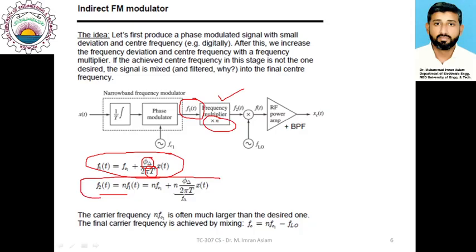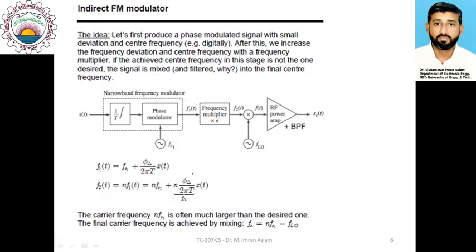So you would see the overall frequency to be this value, and this entire thing, n phi delta upon 2 pi, can be treated as f delta or frequency deviation, and the carrier frequency would be n times fc1, which can be further adjusted by using a local oscillator. So the overall carrier frequency would be represented by n fc1 minus f LO. So this is how we can generate FM signal indirectly by using phase modulation.